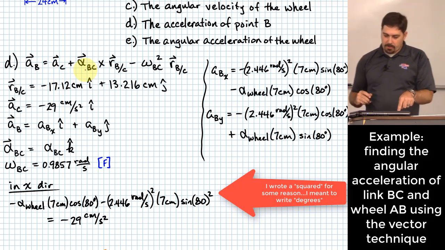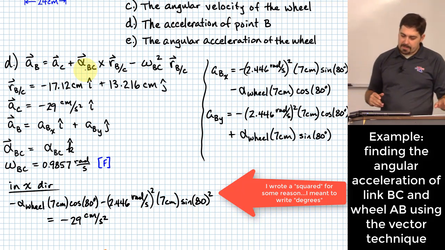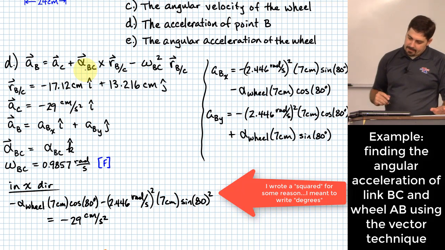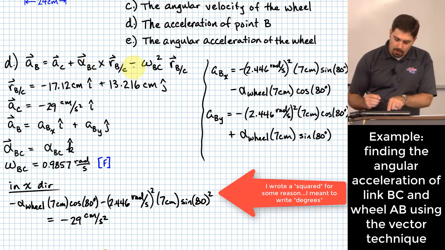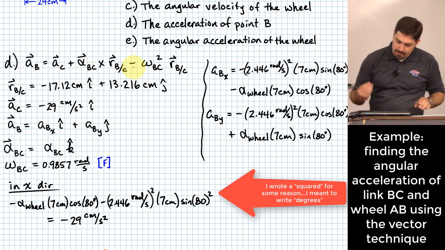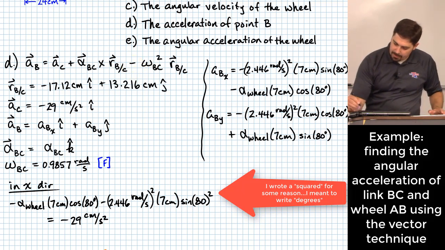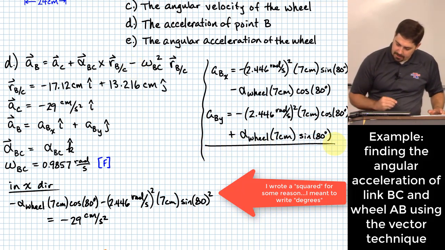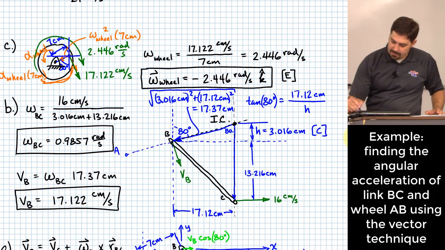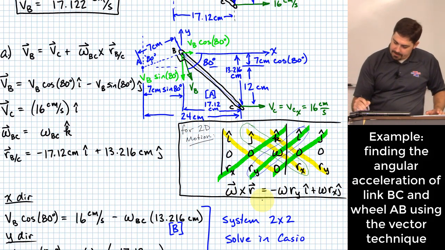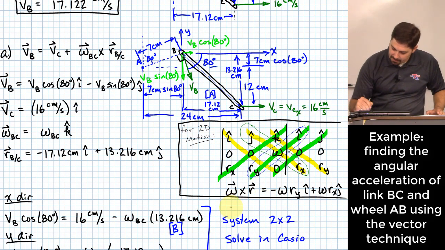Now I need to take this cross product between alpha BC and R of B relative to C. So we'll go back and remember what we just came up with a second ago. The same thing that we did down here where we did this cross product, the same thing applies if you're dealing with alpha.